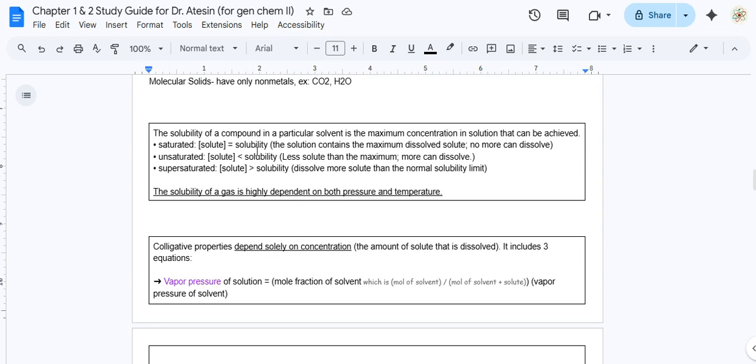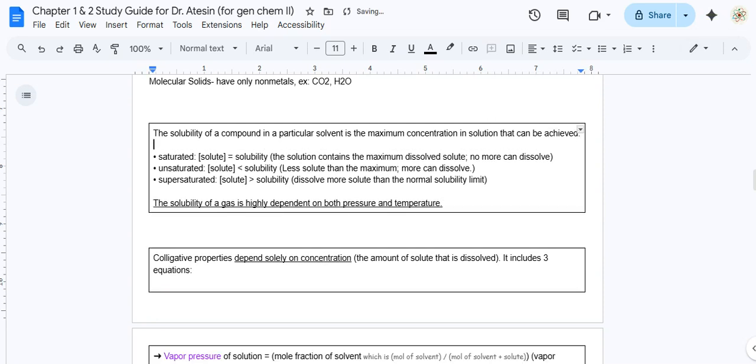Next topic. It's also a pretty easy topic. The solubility of a compound in a particular solvent is the maximum concentration in solution that can be achieved. That's just a definition that you hopefully already know.